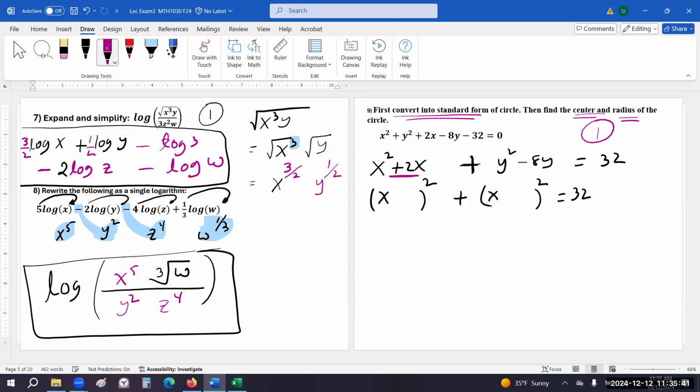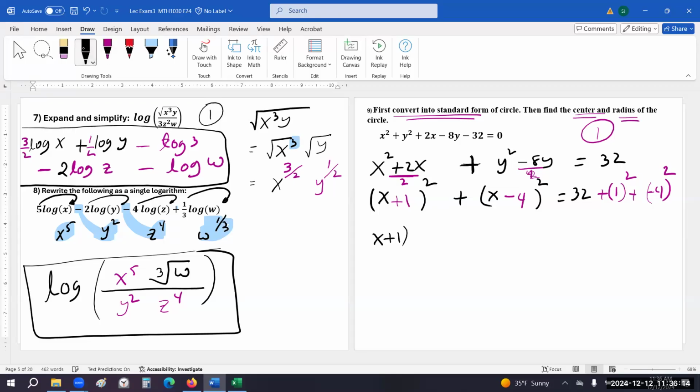We take half of whatever we have in front of the single variable. So it's plus 1, so we add plus 1 with a square. This is minus 2, so we get minus 4. So we add negative 4 with a square. So we divide the middle coefficient by 2, put it inside, but on the outside it gets the square power.